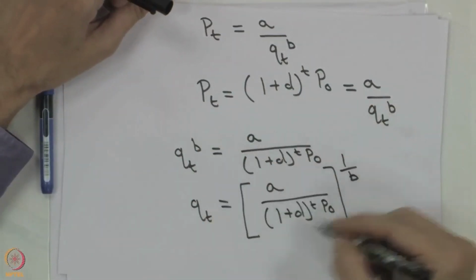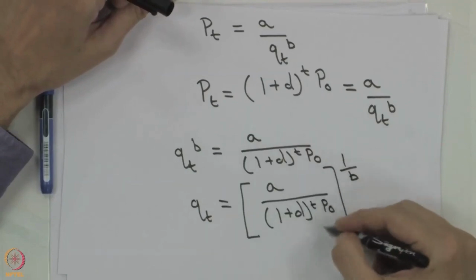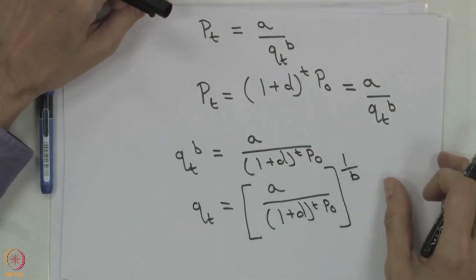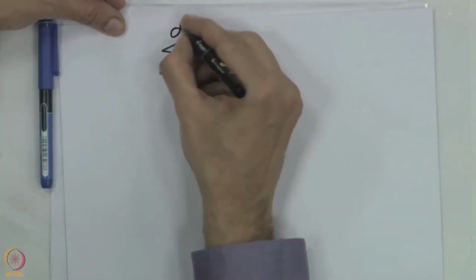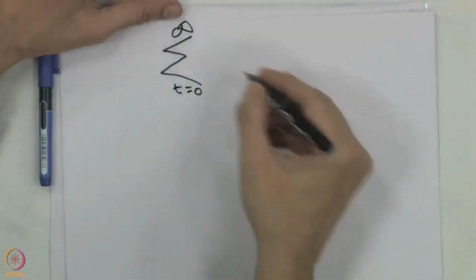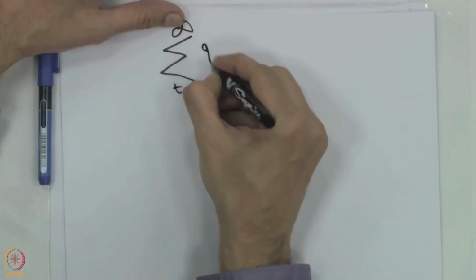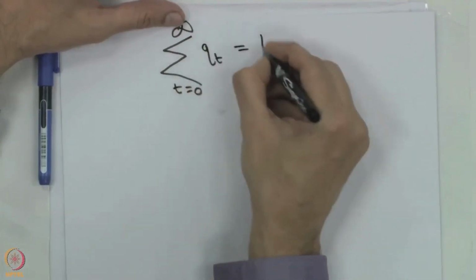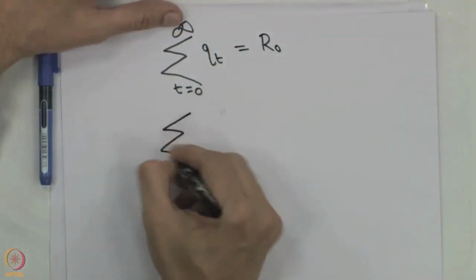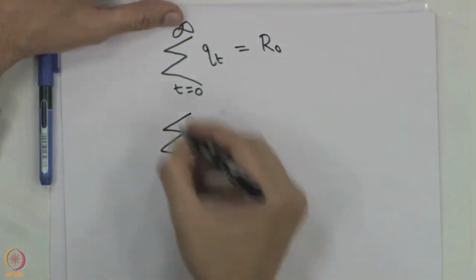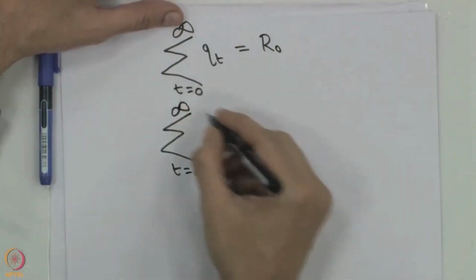We know A, B and d, we do not know p0, and in order to find p0 we can use the fact that the sum over t equal to 0 to infinity of Qt will be equal to R0.